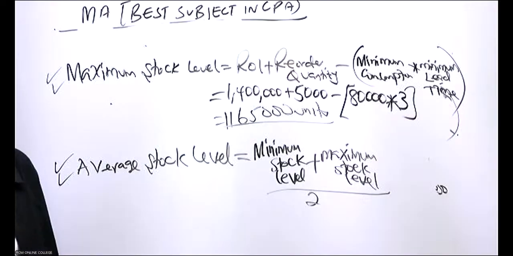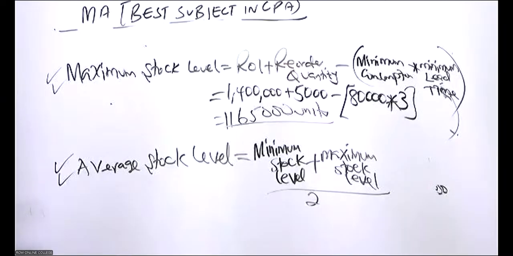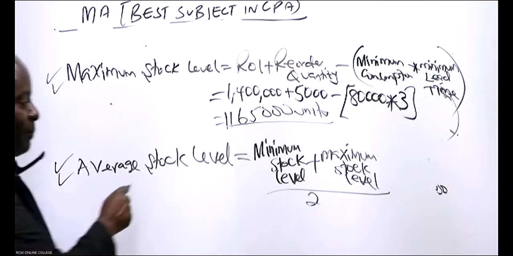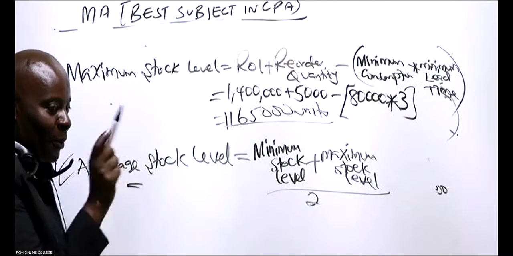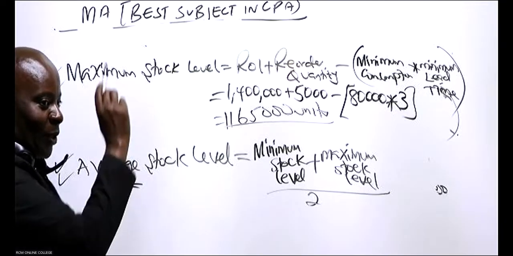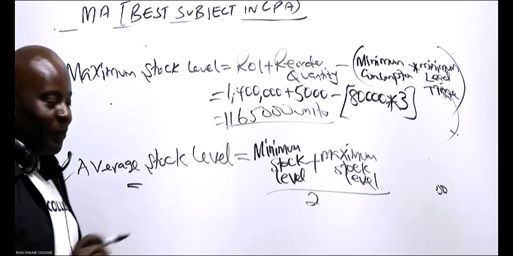So can they remind Mwalimu what the minimum stock level was? Minimum stock level, already we have done it. I can see the maximum. Not minimum consumption; the minimum stock level we got up there. 600,000, please.